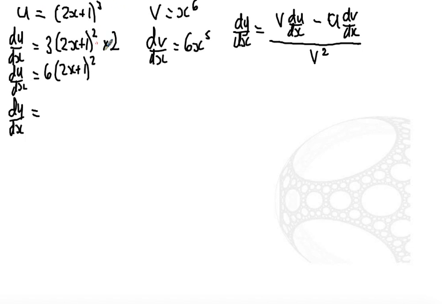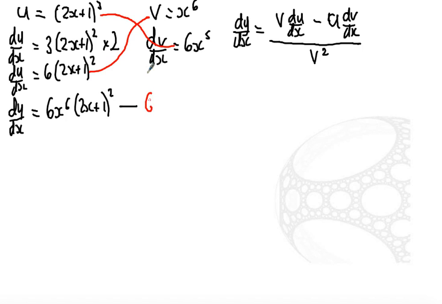Let's get the red pen so we can see that. So we're going to cross multiply these. Again, I want to think about how this would tidy up. So I'm going to do 6 times x to the power 6 times that bracket. So 6, (2x + 1) squared, minus, cross multiplying the other way, we get 6x to the power 5 times (2x + 1) cubed.